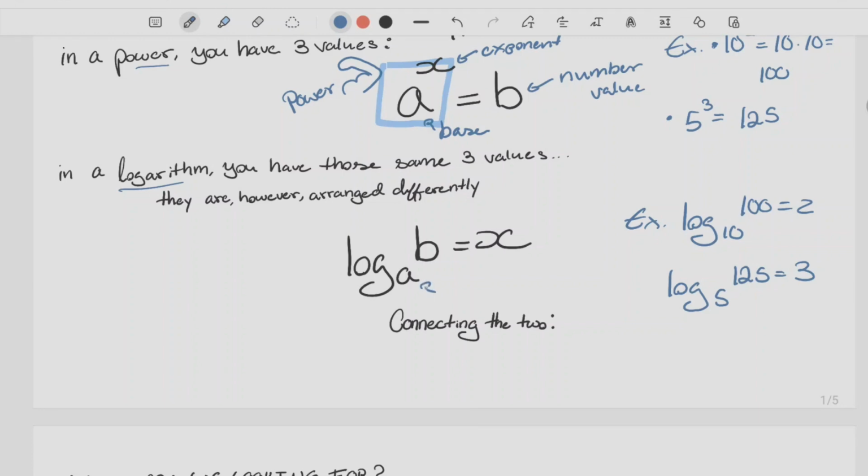So the ordering is different, and what we're solving for is different. Let's just label the exponent.